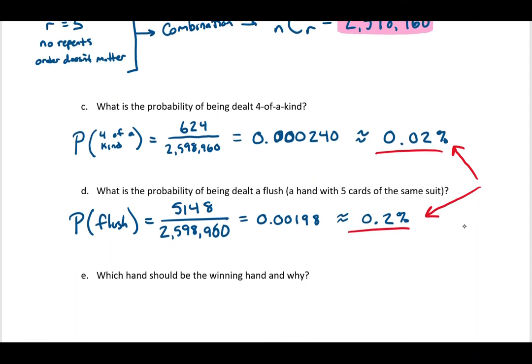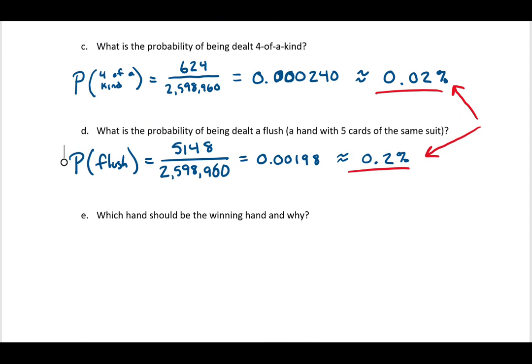So which hand should be the winning hand? Well, the one that's more rare, the one that's harder to get, or the one that's happening less often. So the winning hand should certainly be 4 of a kind, and that's specifically because it has a lower probability, a lower chance of happening.